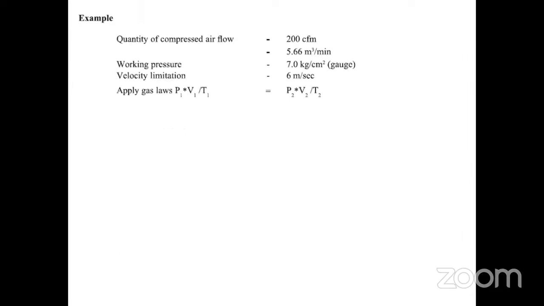Quantity of compressed air flow is 200 cubic feet per minute. We convert it into cubic meters per minute. Working pressure is 7 kg per square centimeter. Velocity limitation is 6 meters per second. We'll be using P1 V1 by T1 equals P2 V2 by T2. In this example, they are assuming the temperature in both cases is the same, constant.